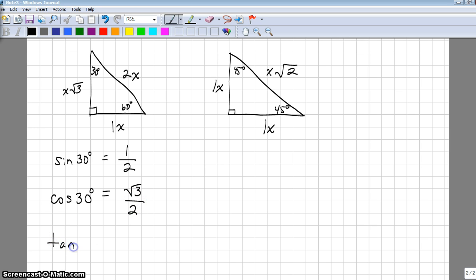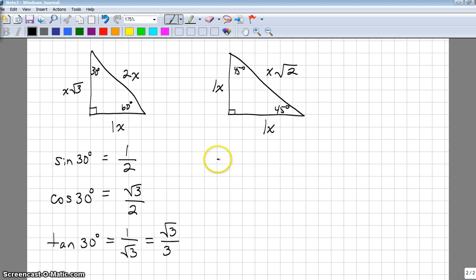And the tangent of 30 degrees is the opposite over the adjacent. So it's 1 over the square root of 3, which simplifies to the square root of 3 over 3.